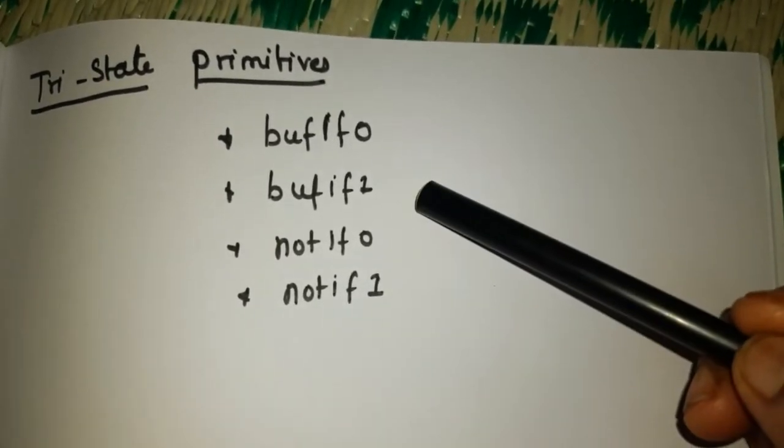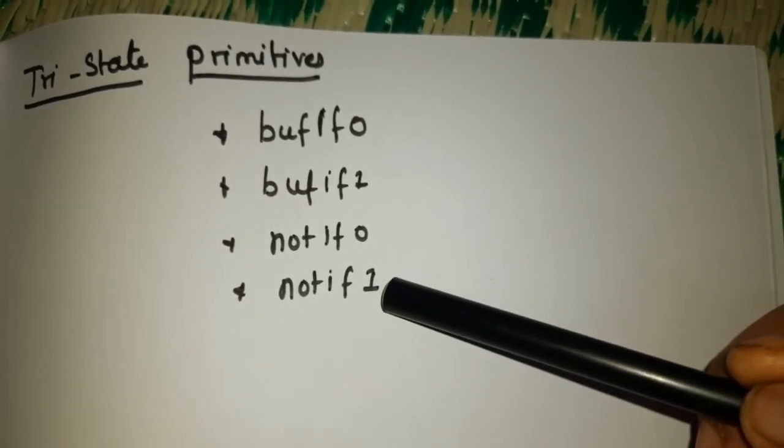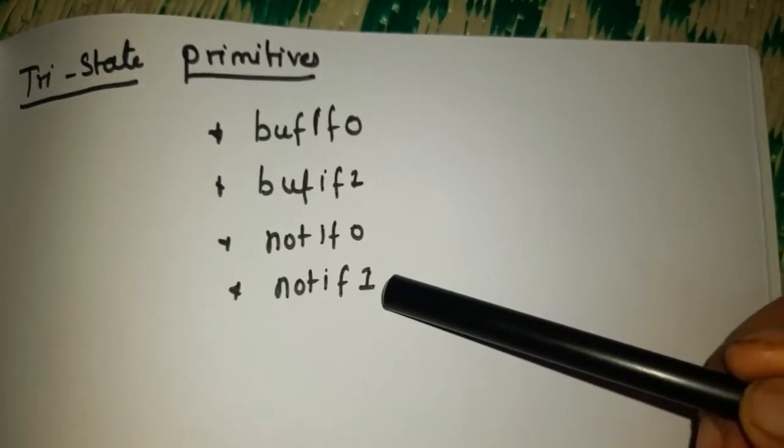Similarly, not if 1, that means if the control line is 1, the gate acts as a NOT gate, otherwise it will provide the high impedance value Z.